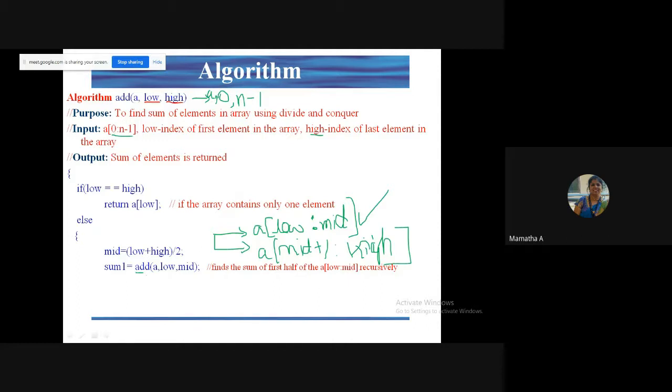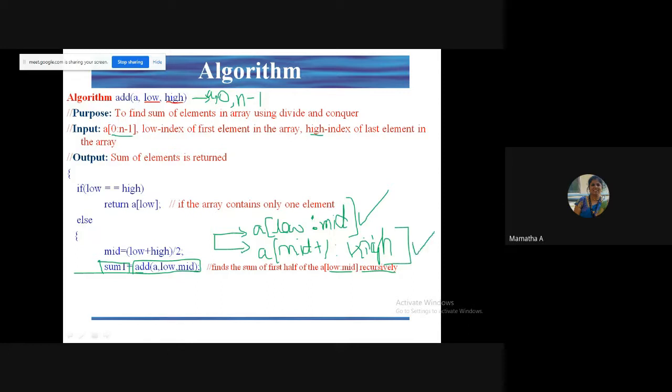When I call this function recursively, this will find the sum of which half? First half, ma'am. The half of the array ranging from low to mid, recursively. And say I store that in a variable called sum1. Okay, my first half is solved.